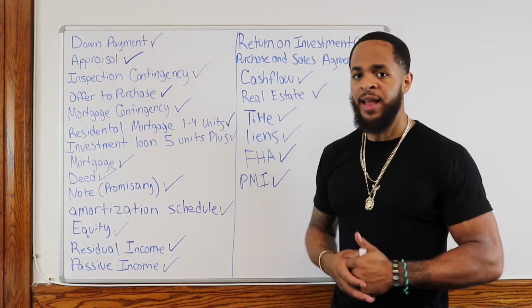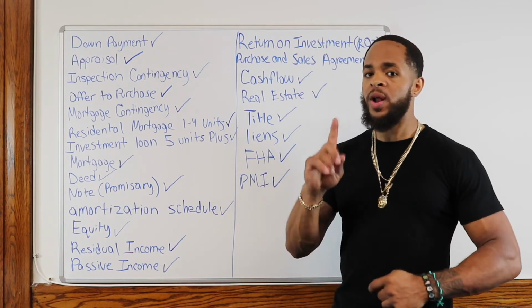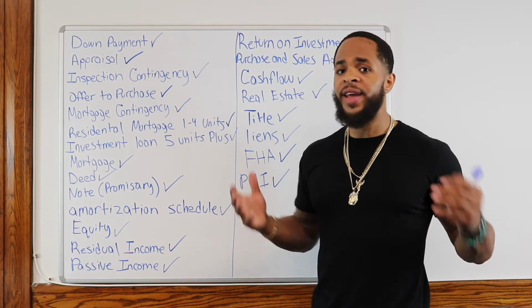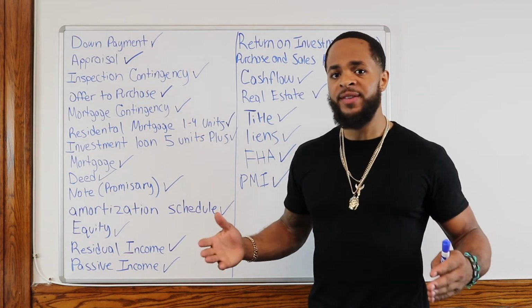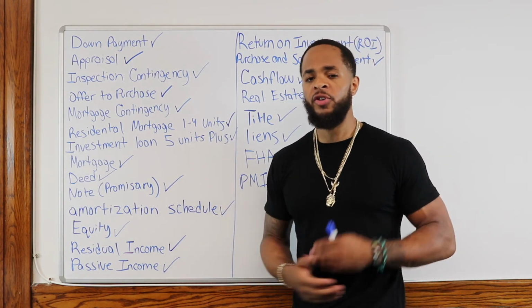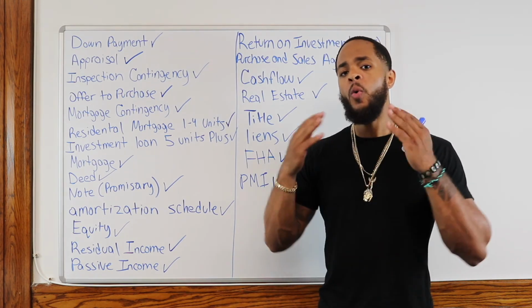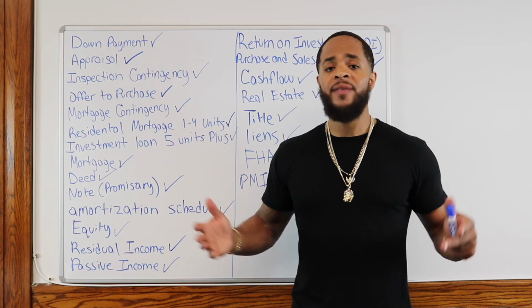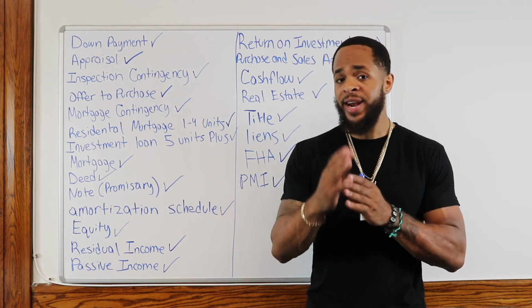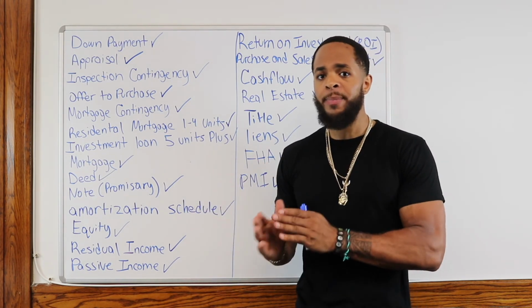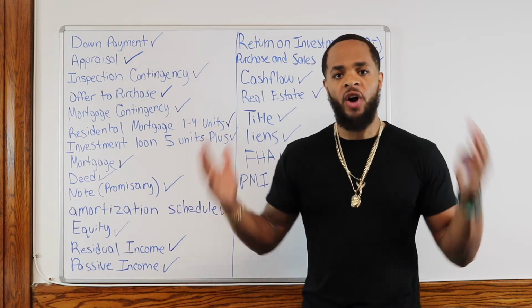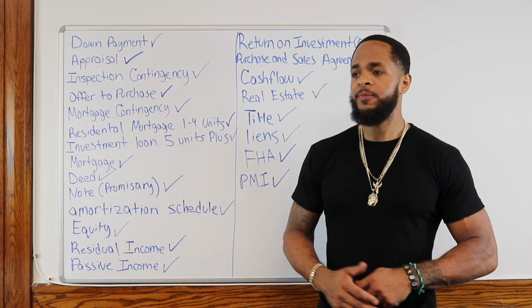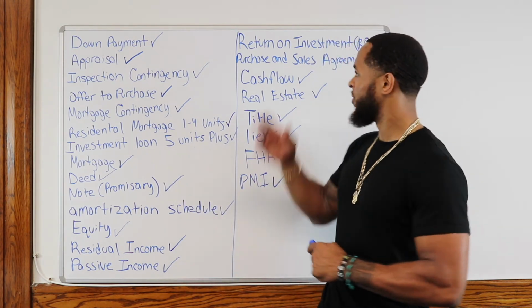Now you realize that property will cash flow $1,000 a month, meaning all of the income subtract all the expenses is the cash flow. So you realize that property is going to cash flow $1,000 a month when you only put down $3,500. So that means that in 3.5 months, you get all your money back. And from that point forward, it's all profit, which is a very solid return on investment.